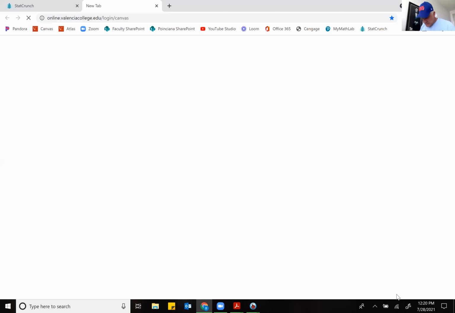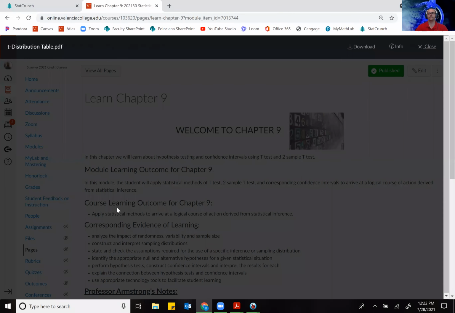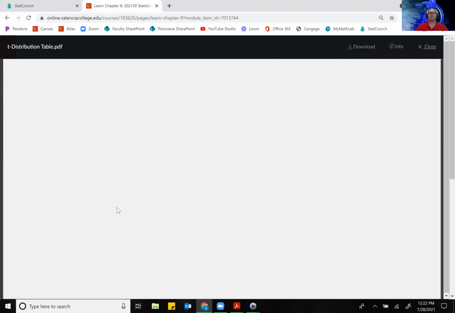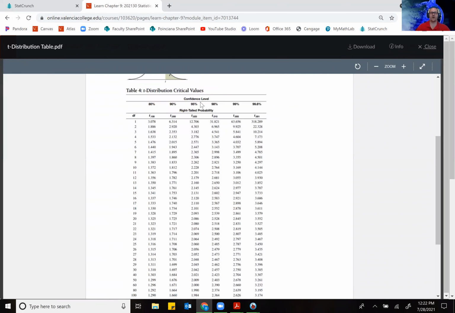All right, so here we go. T distribution table. Let's open it up. So to find our T star, we've got our confidence level up here.